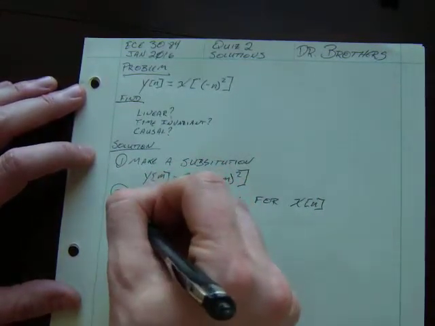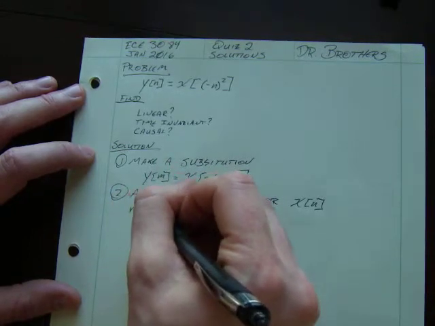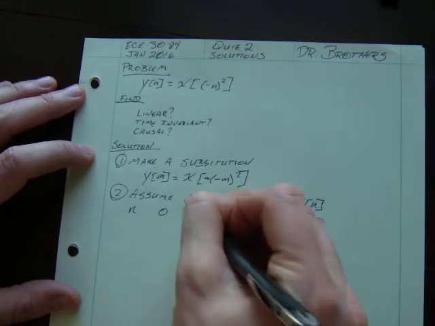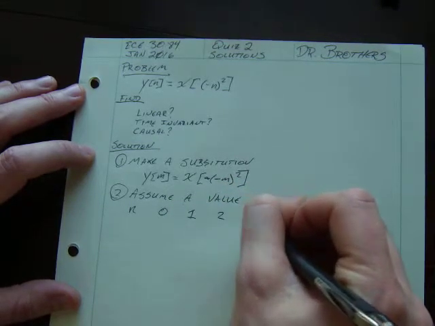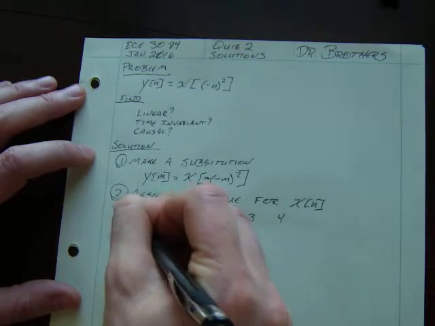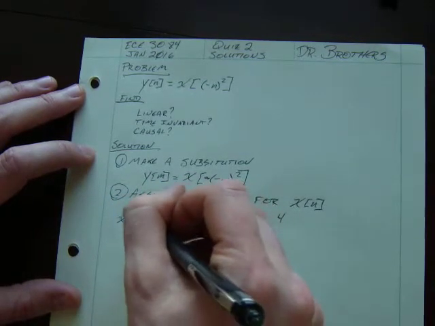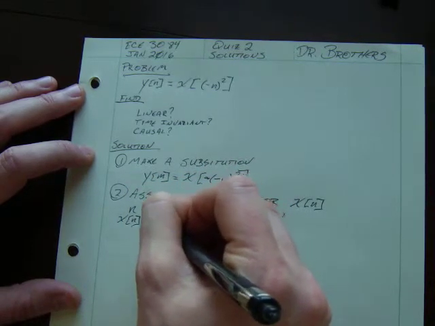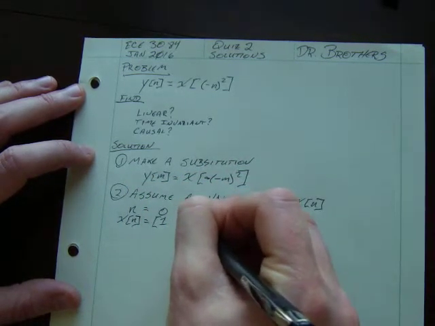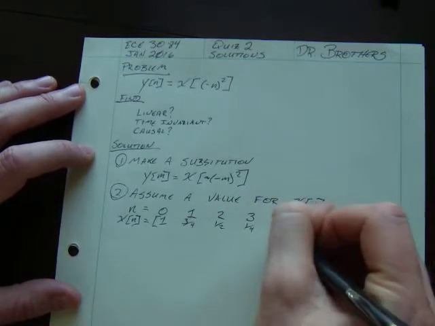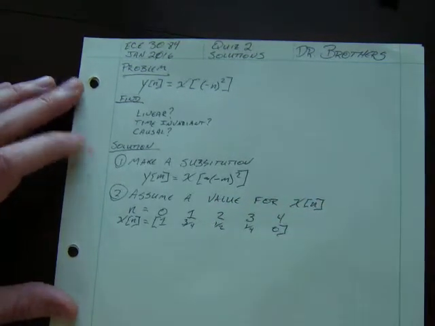Alright, so we're going to say n, and the one that we had in class this morning was 0, 1, 2, 3, 4, and x of n was going to be equal to the quantities 1, 3/4, 1/2, 1/4, and 0.